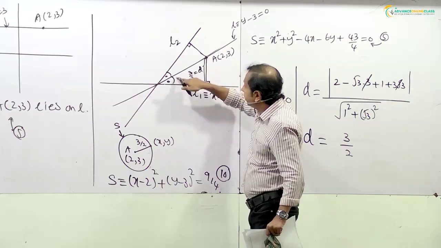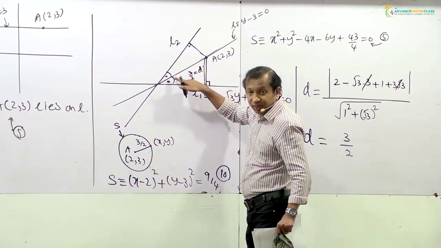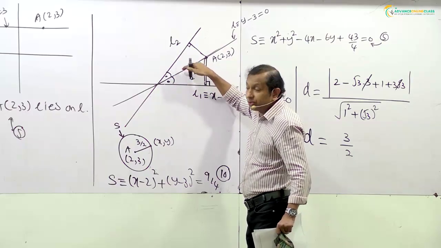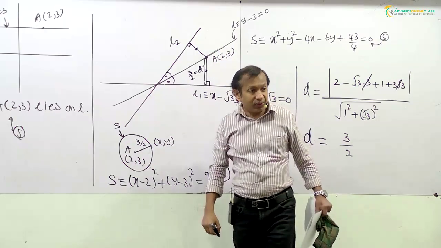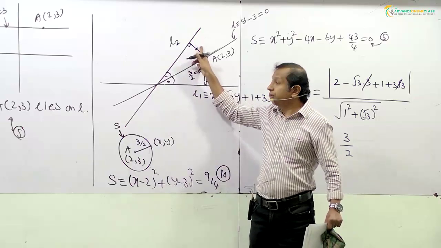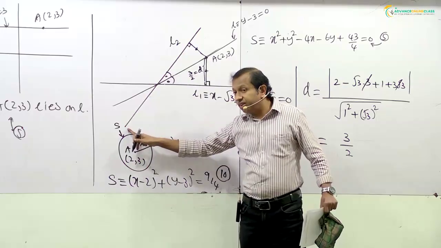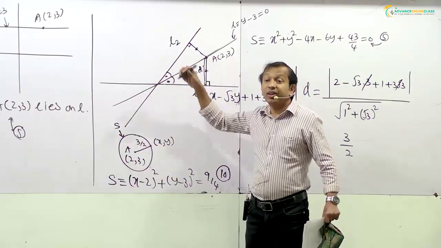This angle equal because this is the bisector. This middle side is common. Then what is the case? Angle, angle, side, AAS case. Two triangles congruent. That means this length and this length are equal. Therefore, this also is 3 by 2. That means A as a center, radius 3 by 2, the circle S touches both the lines L1 and L2.